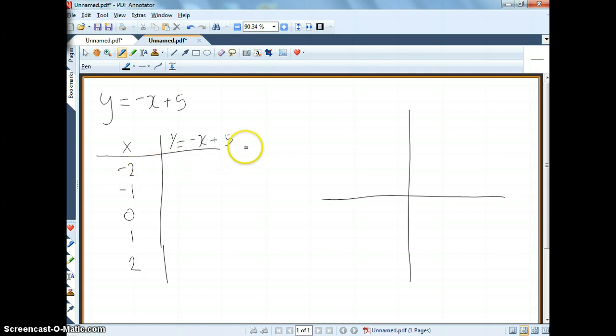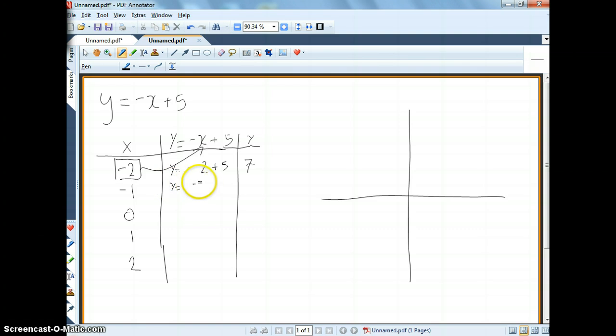Okay, so again, substituting, I'll make 2 columns for y. You don't have to, you could do it all in your head, but just for the illustration, -2 goes into the value of x. So you could write it all out. Y equals minus, and it's a minus minus, plus 5. Minus minus 2 is 2, plus 5 is 7.